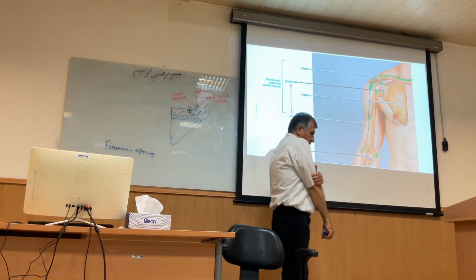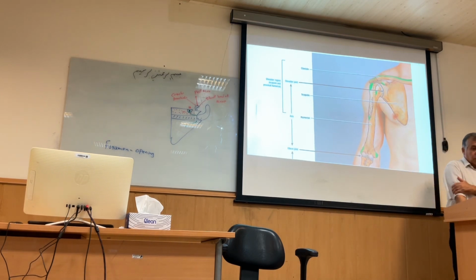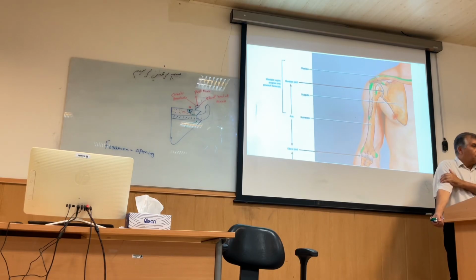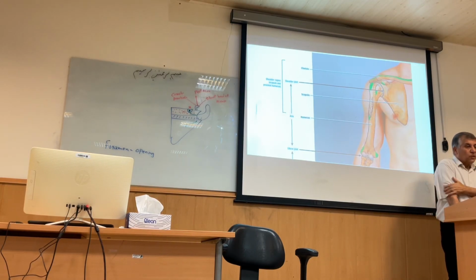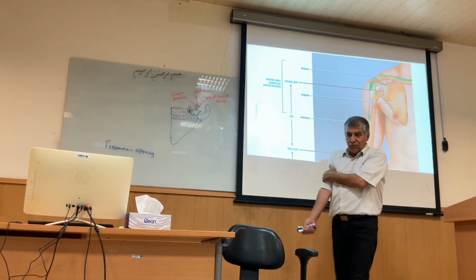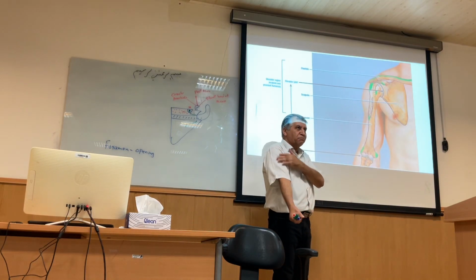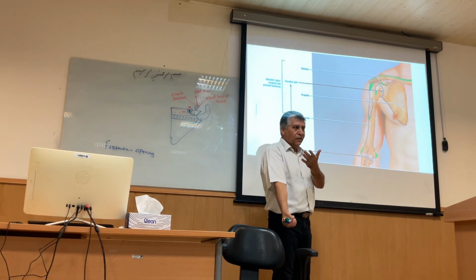The humerus is a long bone of the upper limb and the skeleton of the arm. Another name for the humerus is brachium. For this reason some muscles are called brachialis, biceps brachii. Okay?